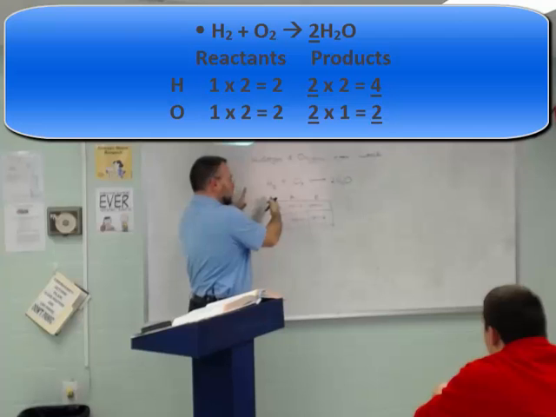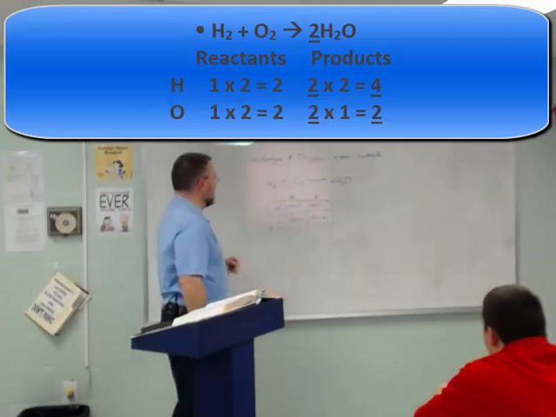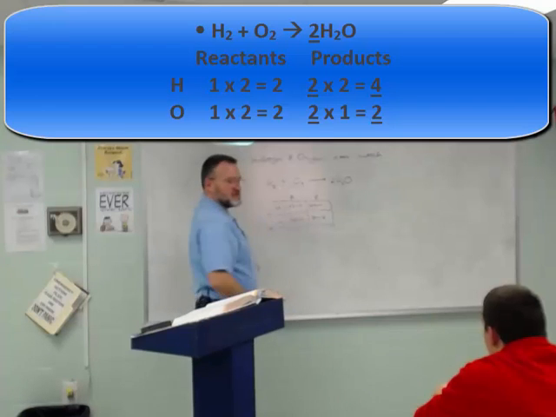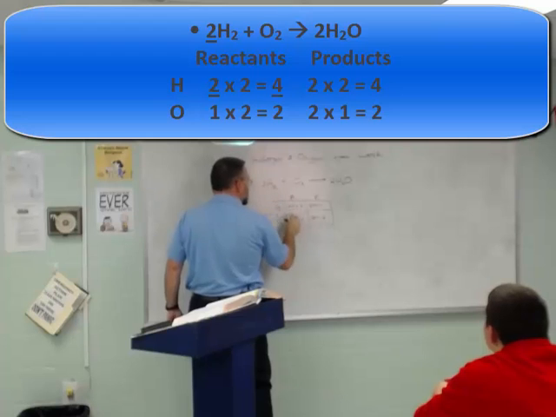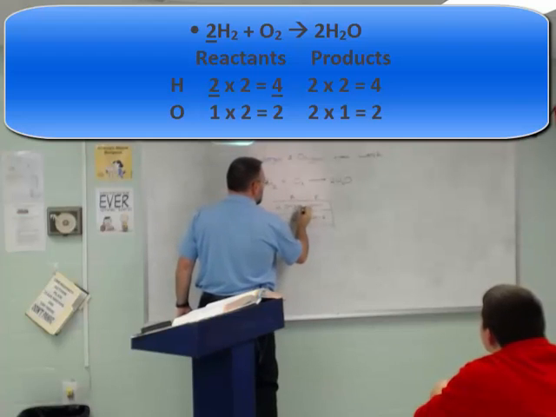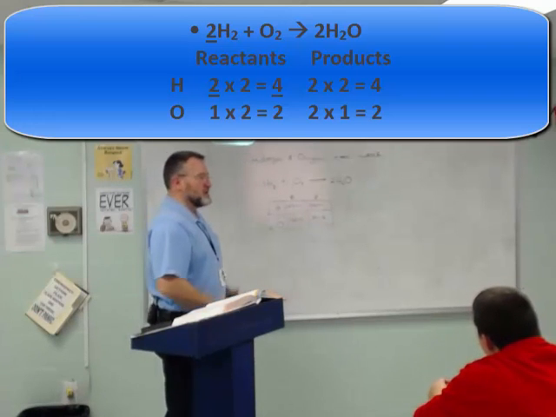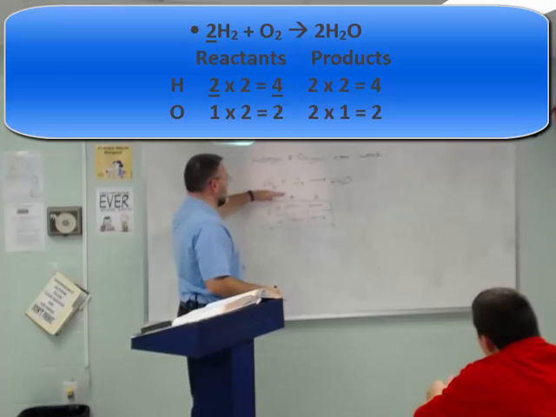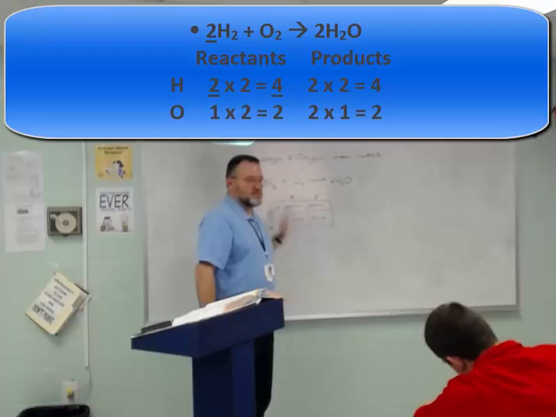I need to have 4 hydrogens in order to produce 4 hydrogens in that molecule. So how do I get 4 hydrogens? I add a coefficient of 2 because that gives me 2 sets of 2. The product there is 4. 4 balances 4, and I haven't messed anything else up. So my balanced reaction is 2H2 plus O2 produces 2H2O. That's my balanced formula.